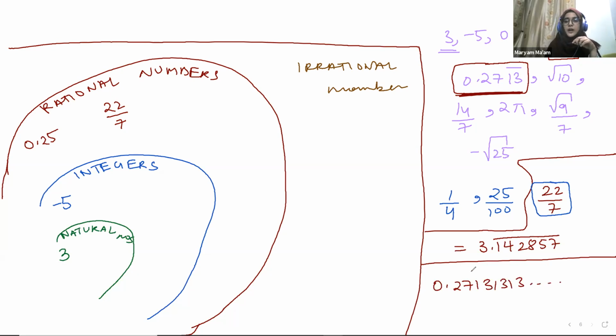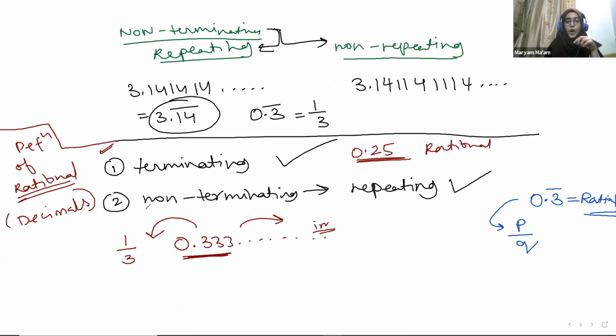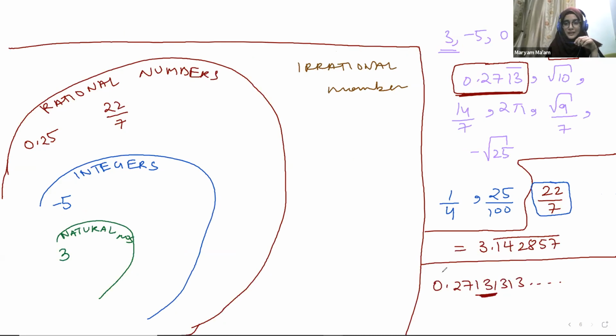So over here something is repeating, and what is that? That is 13. And we said that if you have a non-terminating decimal, as in it goes on forever, but there are a few digits that are repeating, then it is rational. So by that definition, do you think that this is rational or irrational?